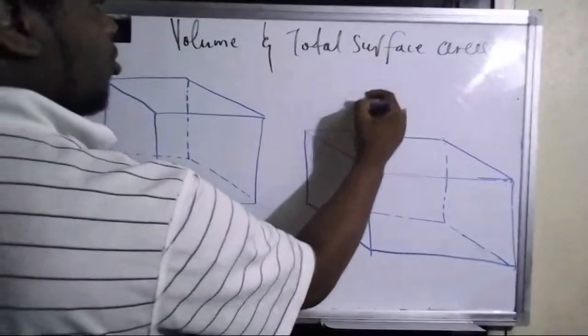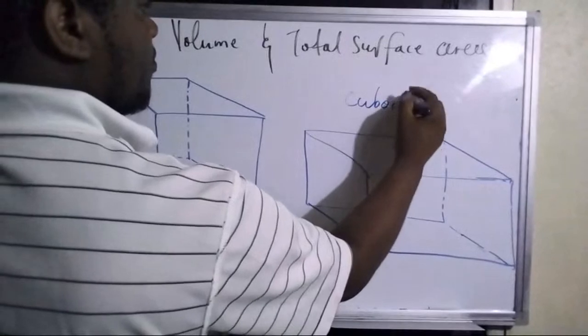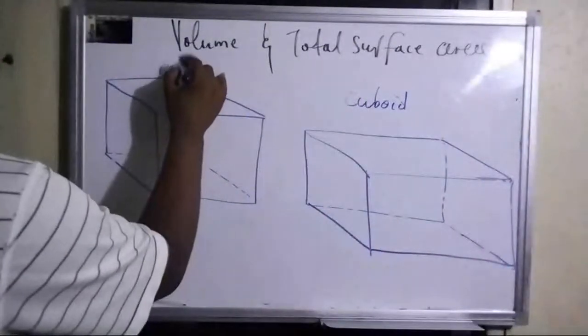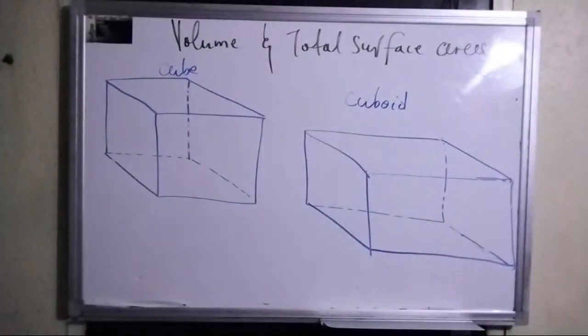Alright, so we have a cuboid versus a cube. We could discuss a little about them, right? What do we know about a cube?